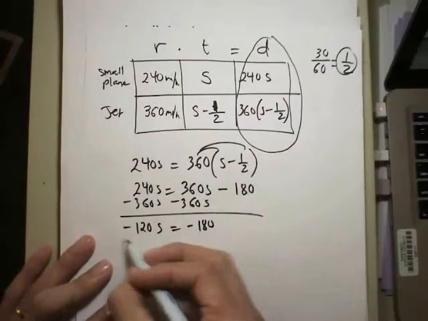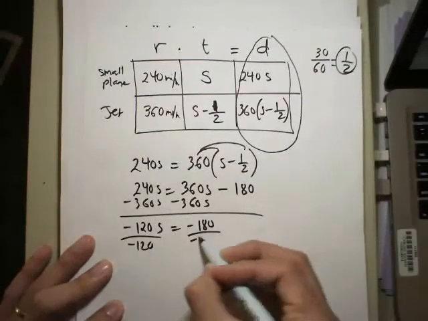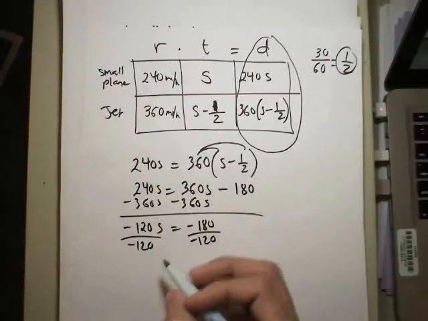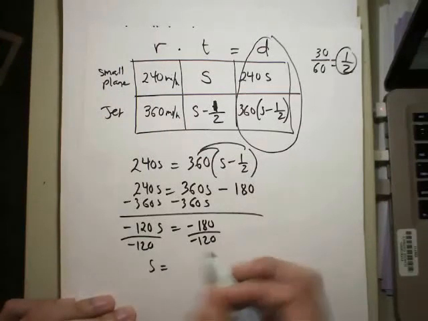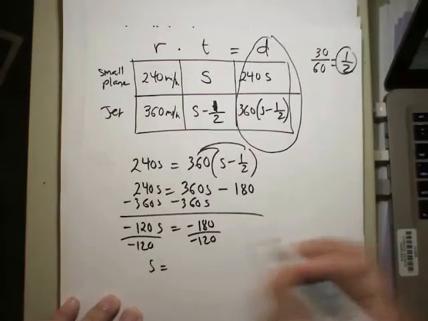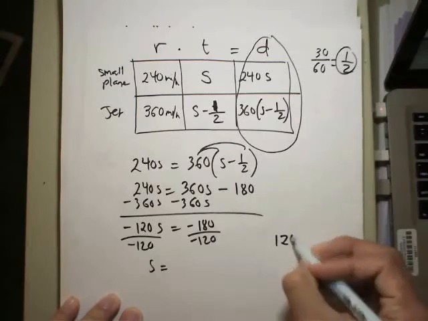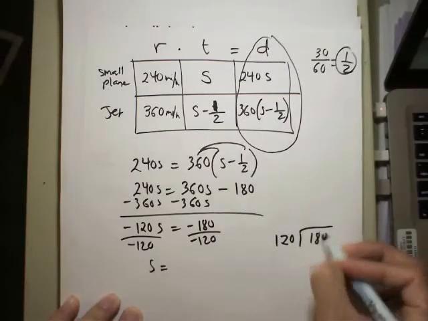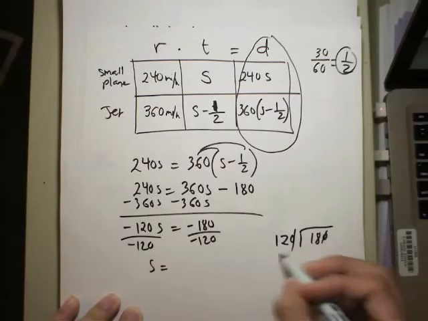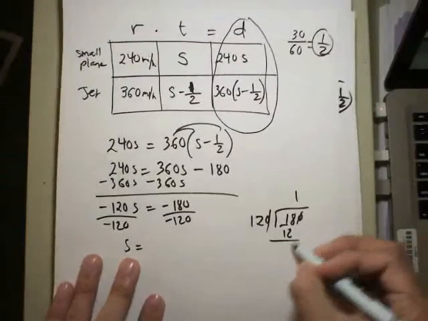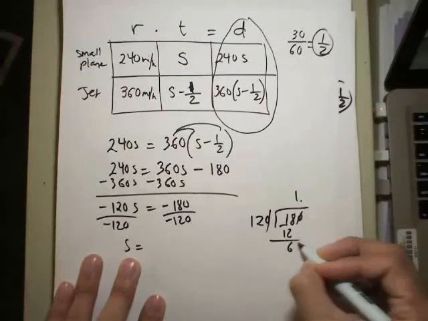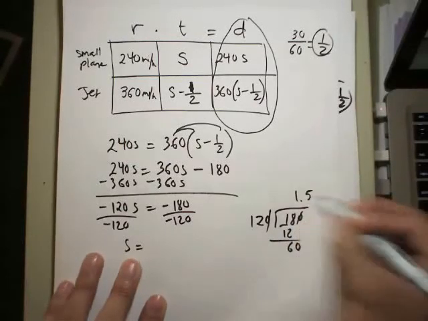And of course, if we divide both sides by negative 120, s is going to give you, well, let's divide it. 120, 180, cross out the 0 because we don't need it. 12 goes into 18 one time. That's going to give you a 6. 12 goes into 60 five times, right?